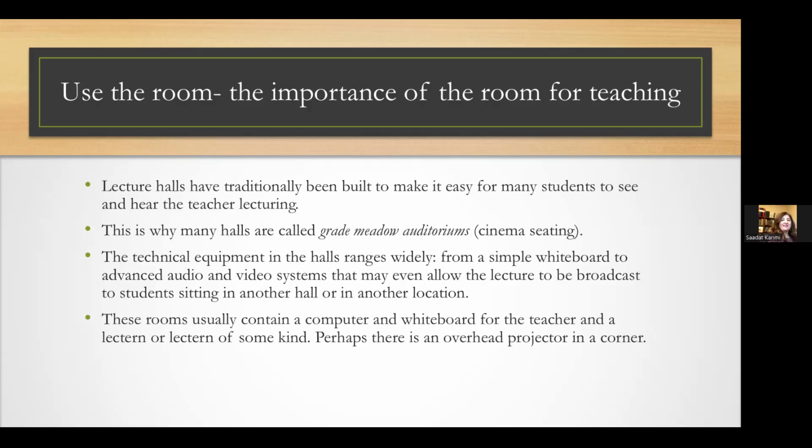These rooms are often supplemented by smaller rooms equipped with tables and chairs that can be arranged in a cinema style, a horseshoe shape, or other formations. These rooms usually contain a computer and whiteboard for the teacher and or a lectern of some kind. Perhaps there is an overhead projector in a corner.